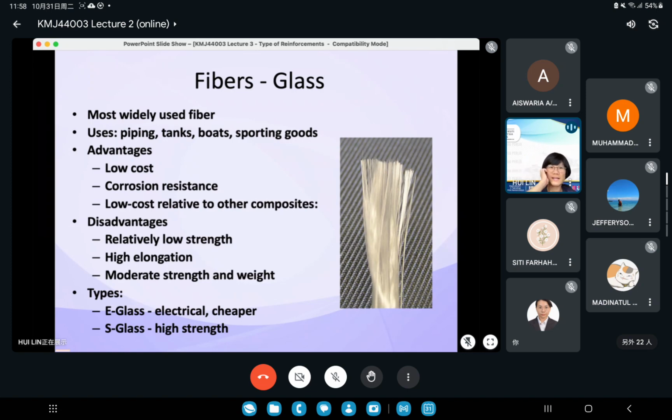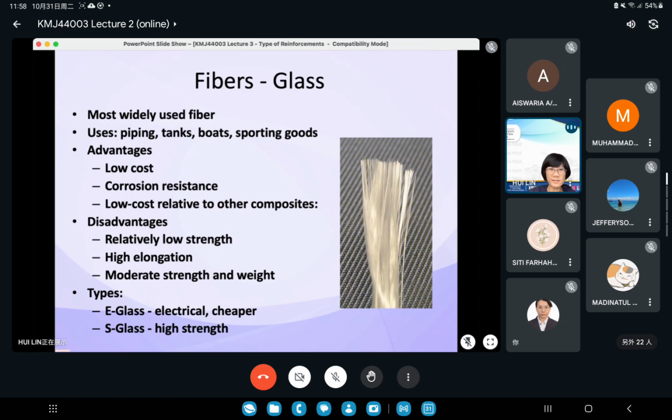Glass fiber is low cost and corrosion resistance. Usually the cost is quite low, and glass fiber is also divided into short and long, not only the classification of the class.